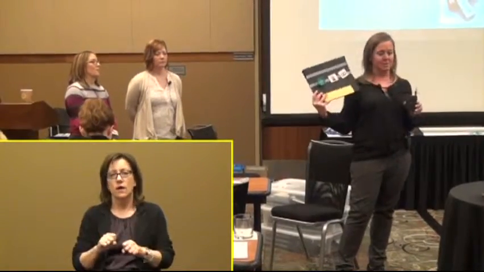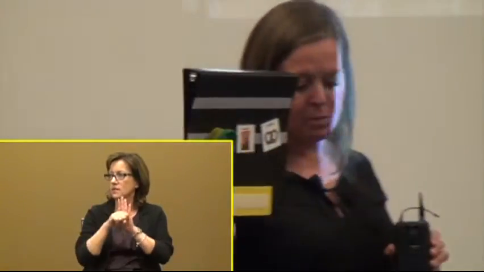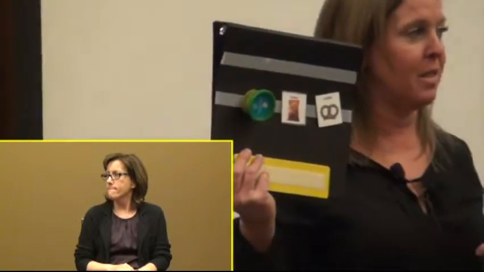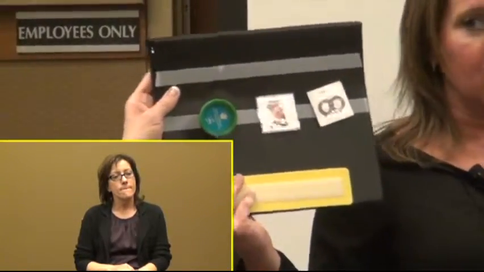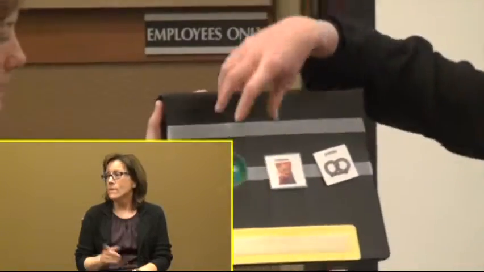And can you tell them what you mean by symbol system? Yes. This is what I mean by symbol system. It's basically what you're going to be communicating with. And sorry, I've got a lot of things up here that I'm trying not to fall over. So it's basically what you're going to use for your communication tools.